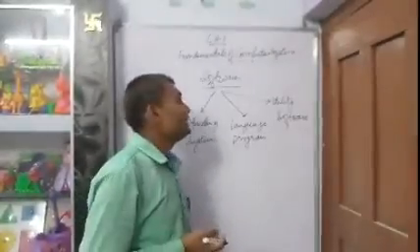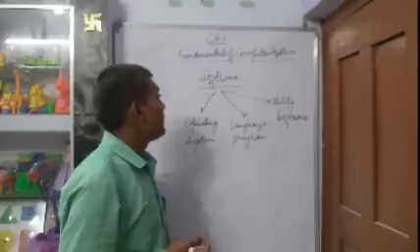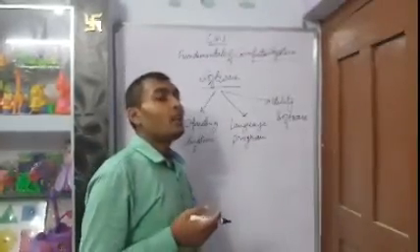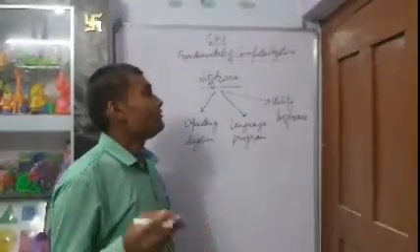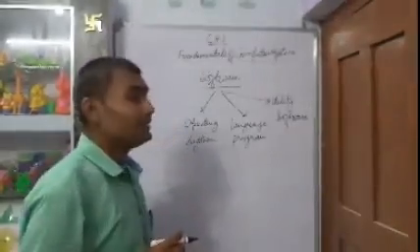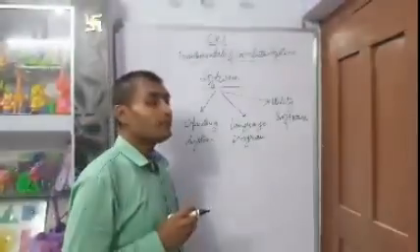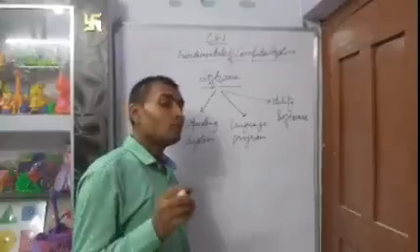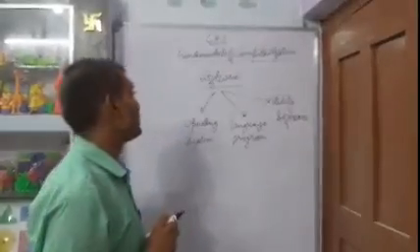These are all external output peripherals. Peripherals are those devices which we connect to our computer system externally. That is called peripherals. It includes both input peripherals and output peripherals.